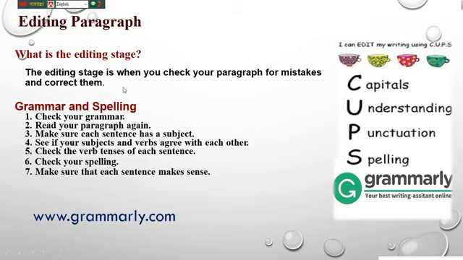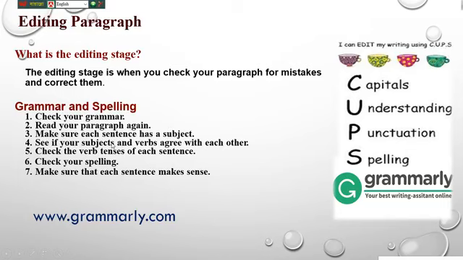You may not follow capital letters, small letters, understanding, punctuation marks, or spelling. After writing, when you go for editing your paragraph, you have to look into these points. First, check your grammar, and then read your paragraph again.